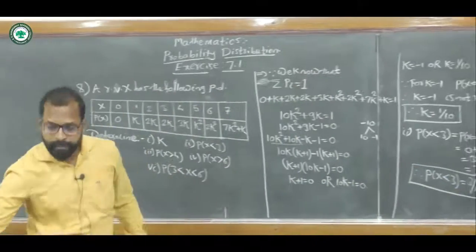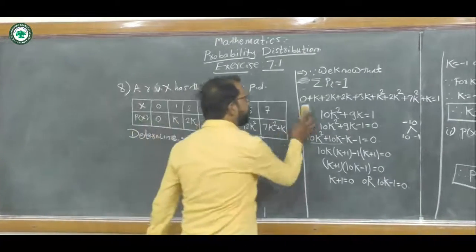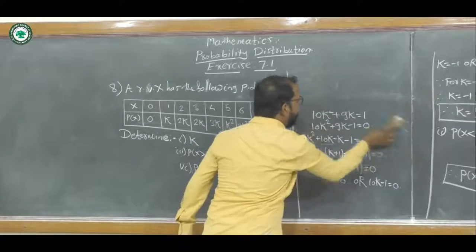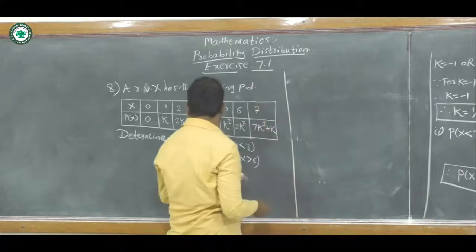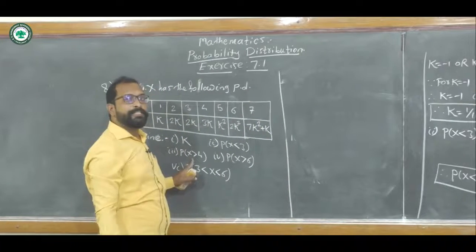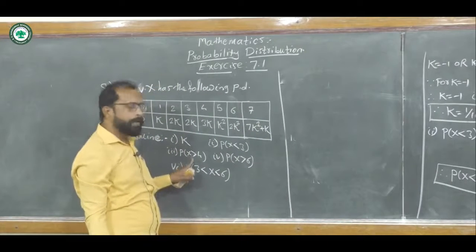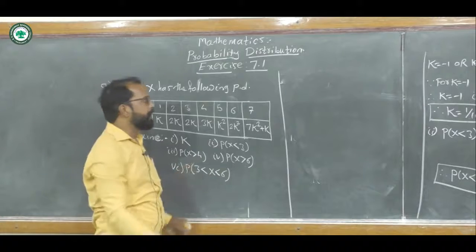Now for the second sub question, in which we have to find the probability for x is greater than 4.